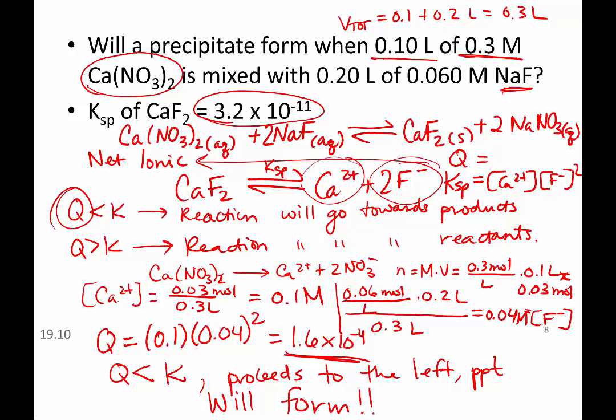All right, so all of this is just to show you how to predict whether or not a precipitate will form. And you could have qualitatively made this prediction because the forward reaction is going to be non-spontaneous, but the reverse reaction will be spontaneous. But this is how you can use Q's, comparing your Q value with your equilibrium constant to predict precipitation.